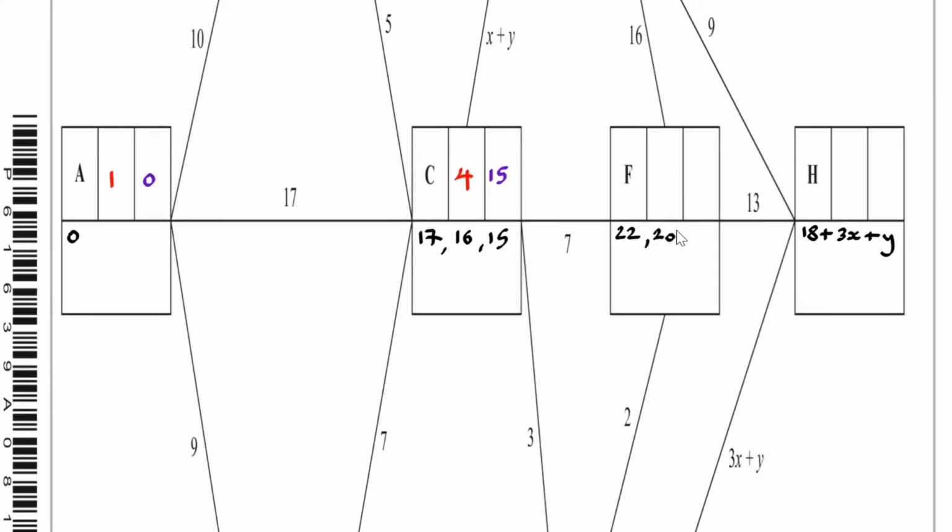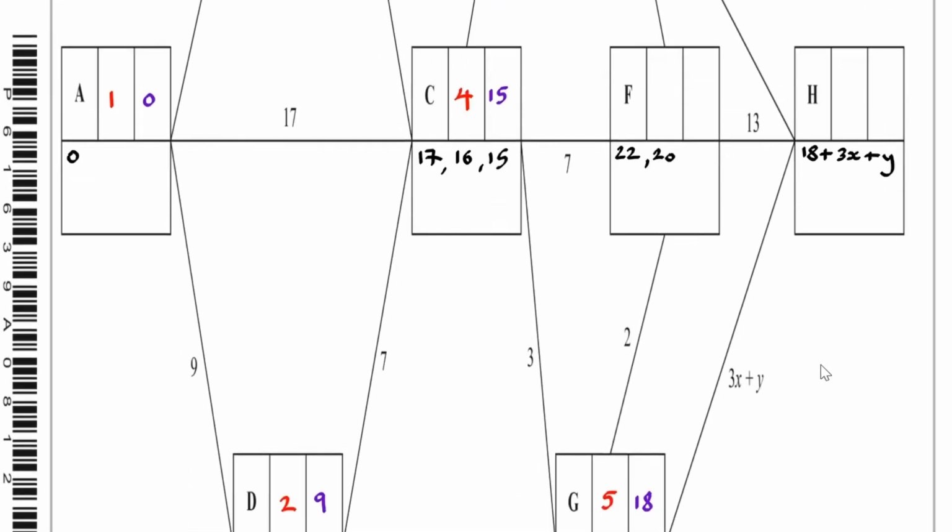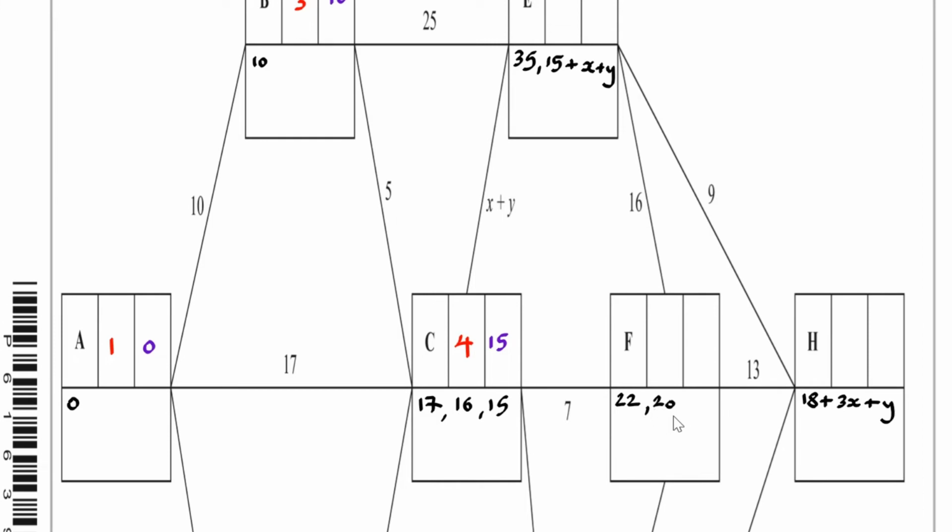And of course we finish at H, so this will be the biggest one, and therefore this 20 is the smallest one currently. So we assign F with a number 6 and we bring forward this 20 into this box.